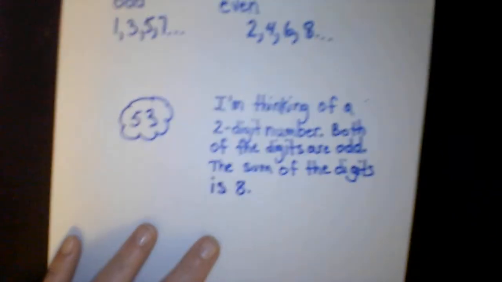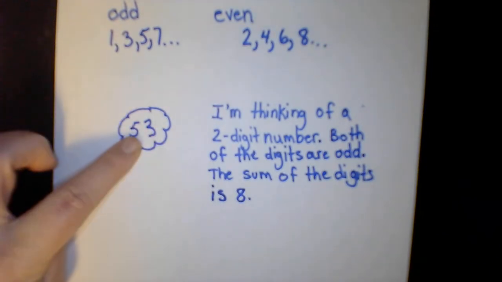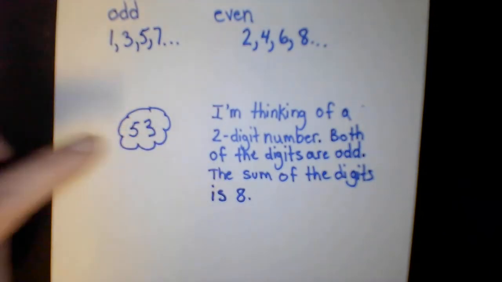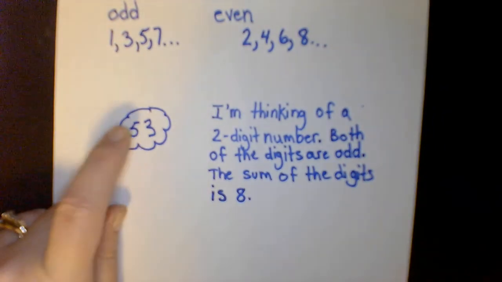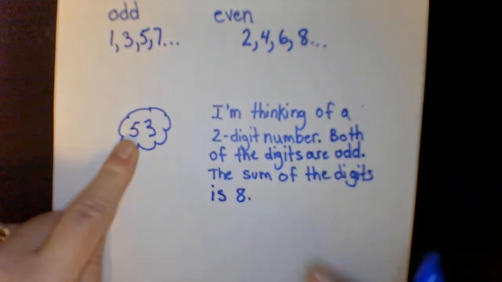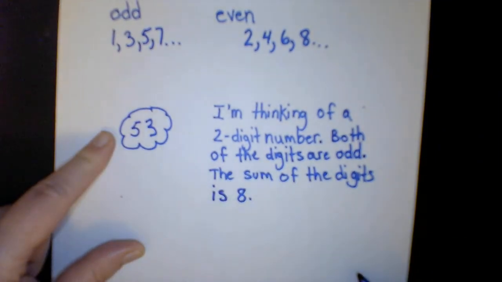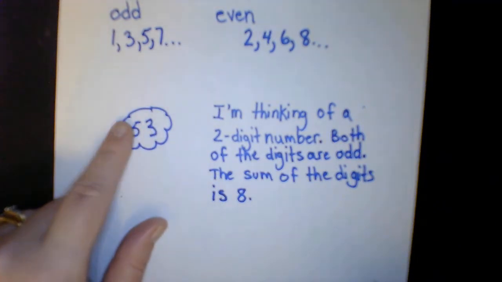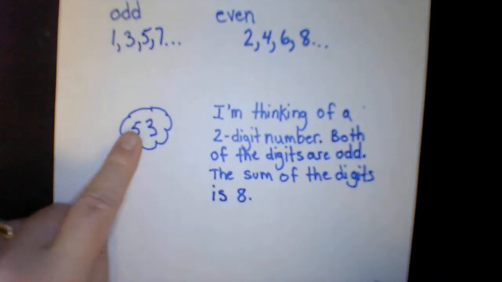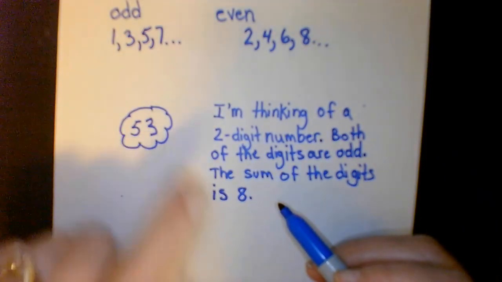Now that's pretty good, but if they're both odd, which I've told them, and the sum is 8, I have to make sure that it can only be this number. But right now, they could say, oh, your answer is 35, because 35 would have both digits odd. The sum would still be 8, but that's not right. So I need to do something that's going to help them get the digits in the right order.